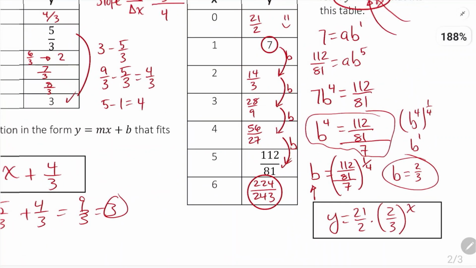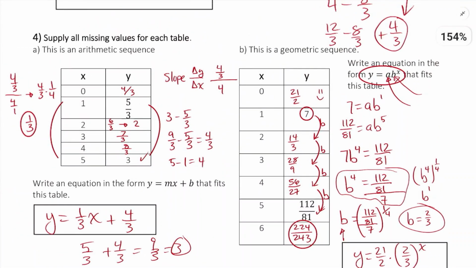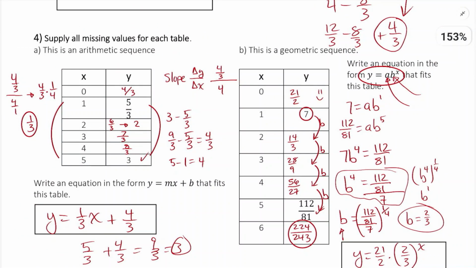So this is exactly the rule for this sequence, and it does give me the two values that I know. If I plug 1 into it, it gives me 7, and when I plug in the number 5, it gives me 112 over 81. All right, so that was question number 4, and let's move on.